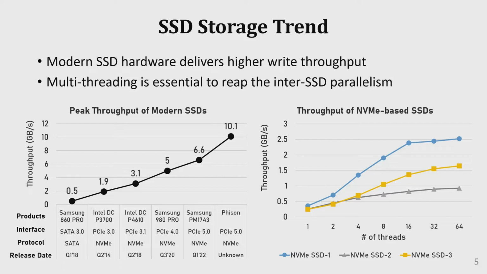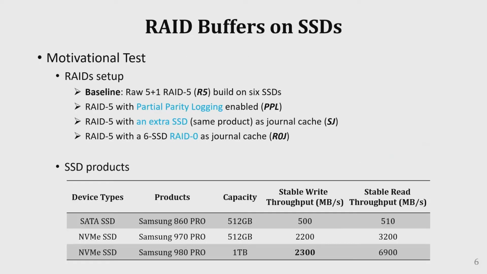Besides, modern ultra-fast storage like NVMe SSD has better write scalability to support concurrent I/Os. As the right figure shows, the throughput of SSD is positively correlated to the number of accessing threads. It indicates that a multi-threaded access pattern is essential to reap the intra-parallelism of SSD.